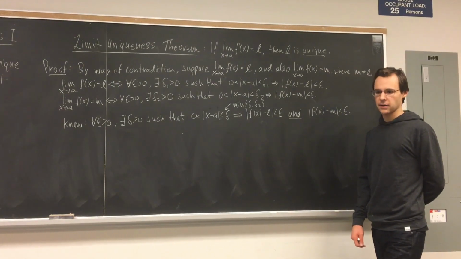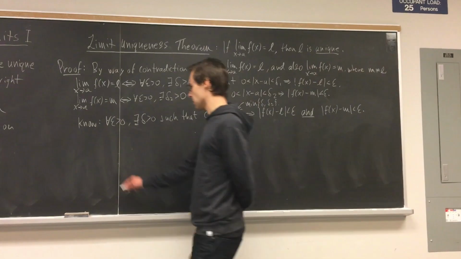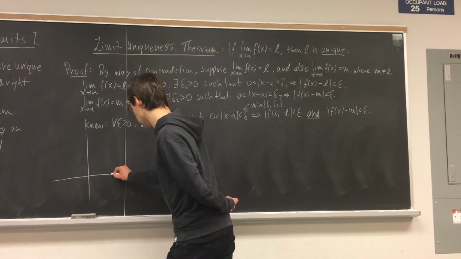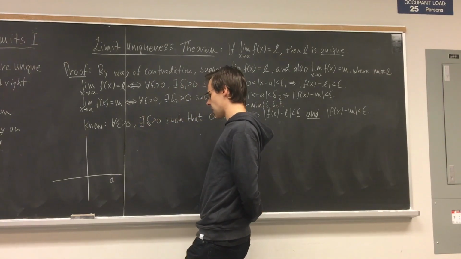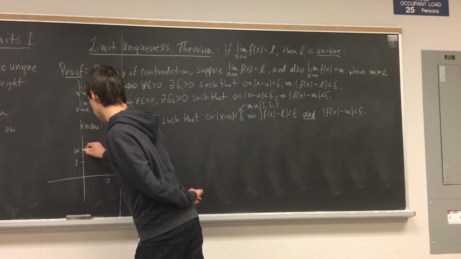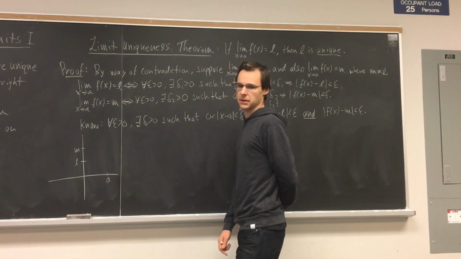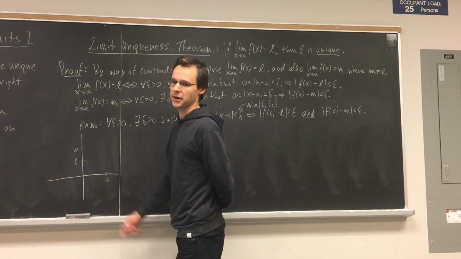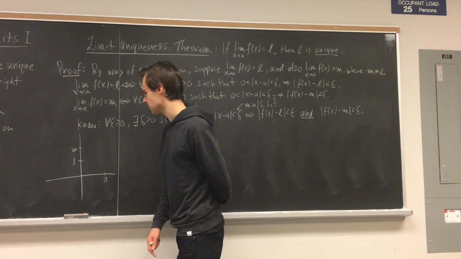Let's maybe draw a graph to visualize this, get some intuition going. So on a graph, let's suppose that A is over here, and we have L and M. Now, I'm going to put L as less than M. It could have been the other way around, we don't know. But we at least know that the two aren't equal. That's our supposition.